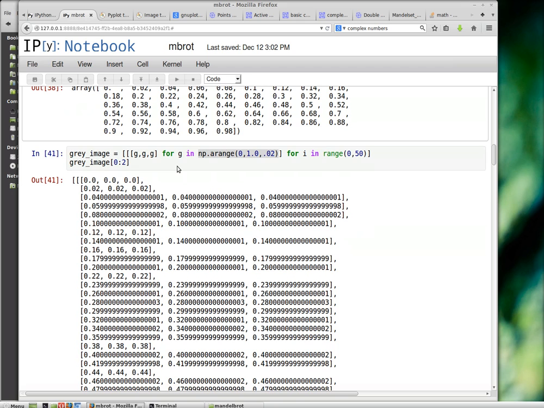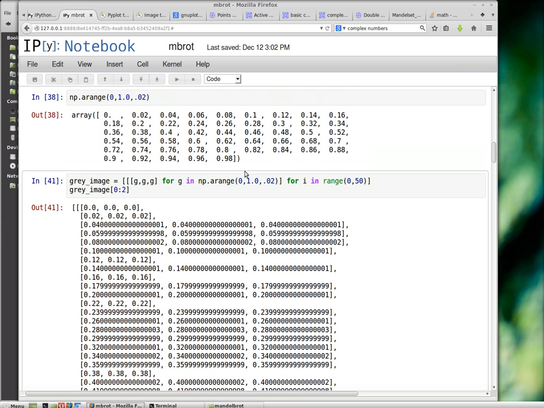So what I've done here is I'm just experimenting, so I'll make some dumb gray image. What this is going to be is just an RGB value, and this is going to be the width of my picture. I'm going to go from 0 to 1 in these steps, and then, actually this could have been range, I'm not sure what I was thinking, it's going to be this tall, so it's going to be 50 tall.